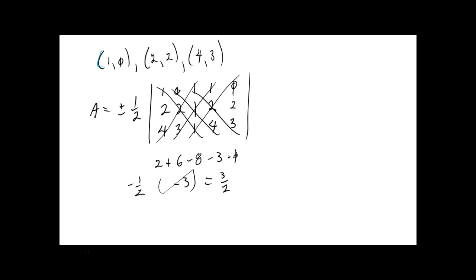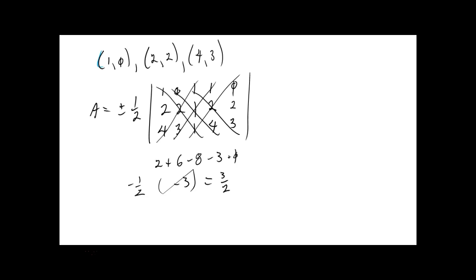If you had flipped these 2 rows and put 2, 2, 1, 1, 0, 1, and then left the other one the same, you would have gotten positive 3, because when you flip 2 rows, that changes the sign. So it's just the chance of the draw, whether you flip the rows or not, whether you get a plus or minus, the area is still going to be the same, but it's always going to be positive. Okay. So that came out 3/2.